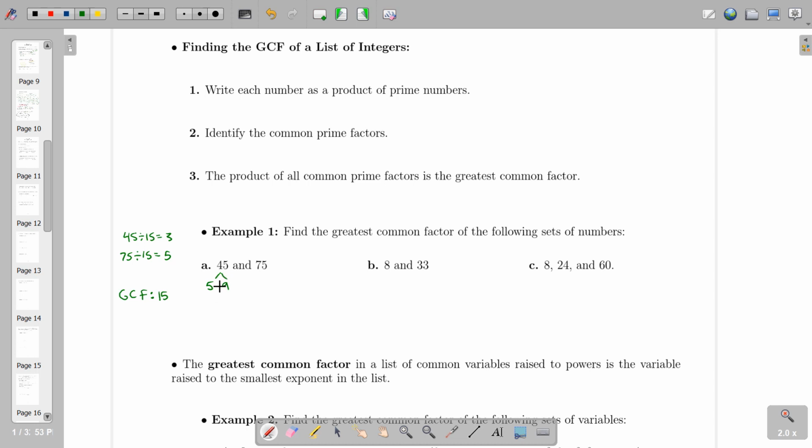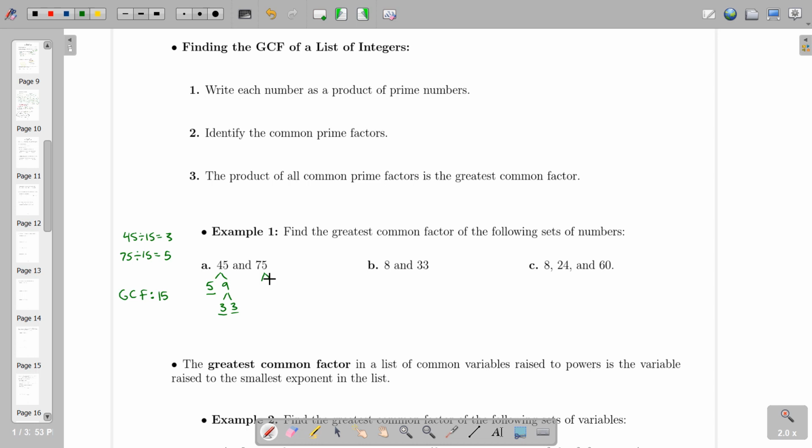Now, when you hit a prime number, a number that can only be divided by 1 and itself, then you stop. But if the number is not prime, if it can be broken down further, you go ahead and do that. So 9 is 3 times 3. And of course, 3 is a prime number, so we'd stop there. So what we have here is that 45 is equal to 5 times 3 times 3. And you can punch that in your calculator and of course get 45.